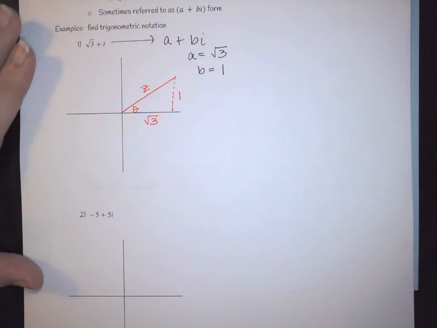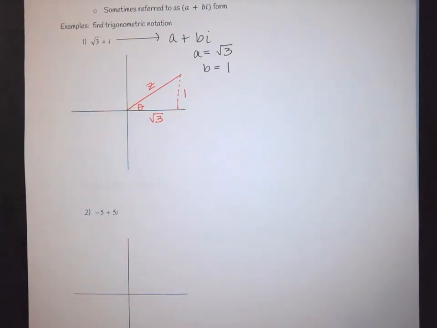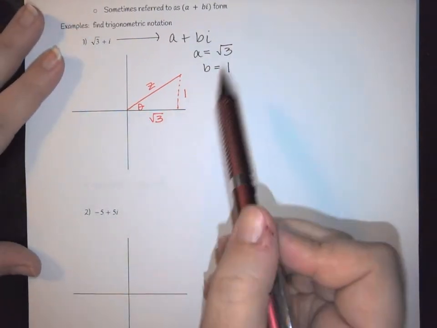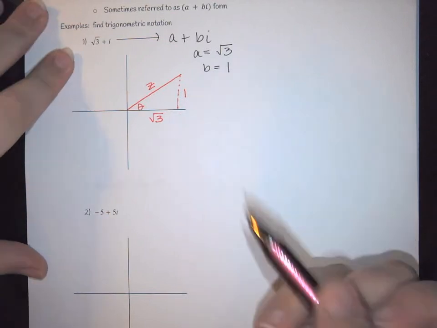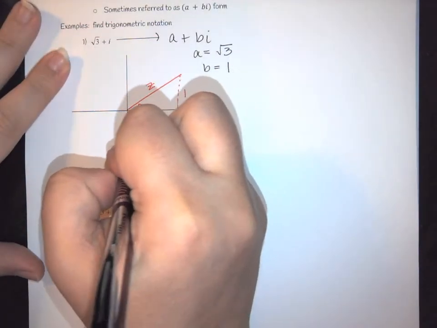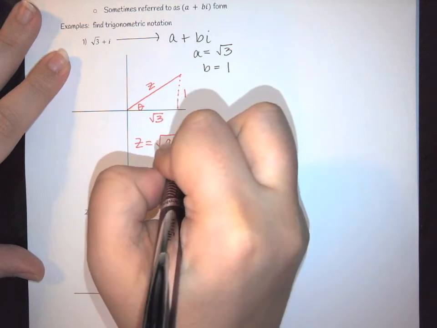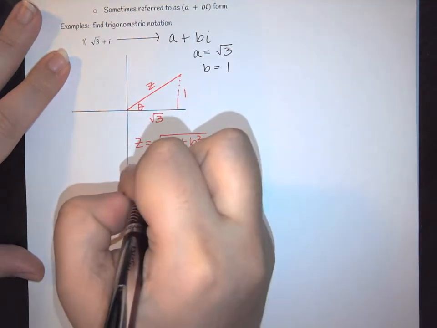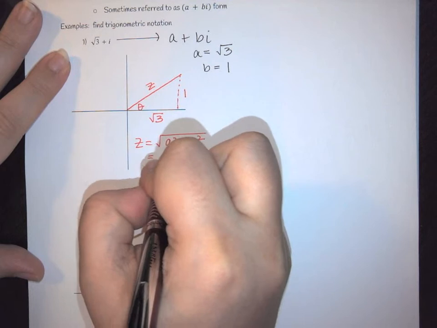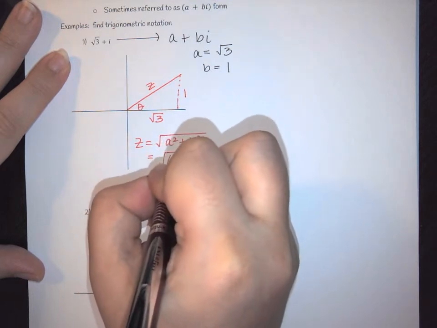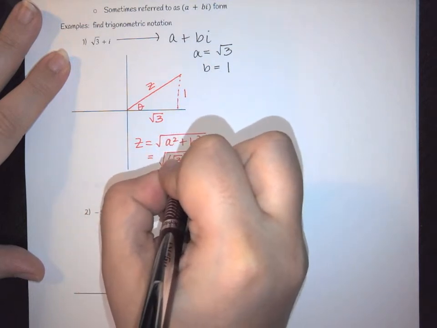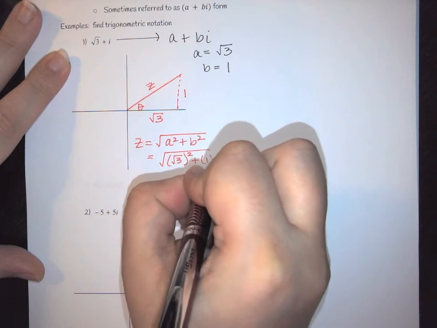Now in order to find z, we can simply plug what we know into our formula. So remember, we already know z is equal to the square root of a squared plus b squared. So here we're going to take the square root of the square root of 3 squared plus 1 squared.